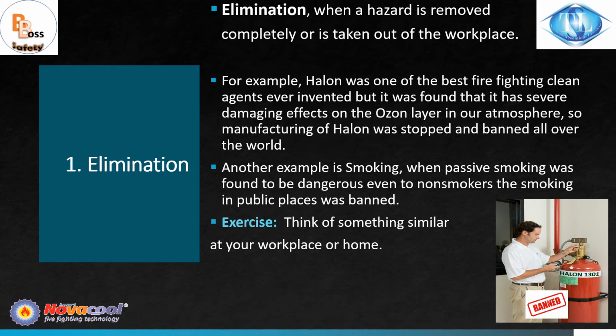But it was found that passive smoking affects the non-smokers very, very badly. So smoking was banned. Smoking was banned from public places and from aeroplanes. Believe it or not, people could smoke inside the aeroplane before.